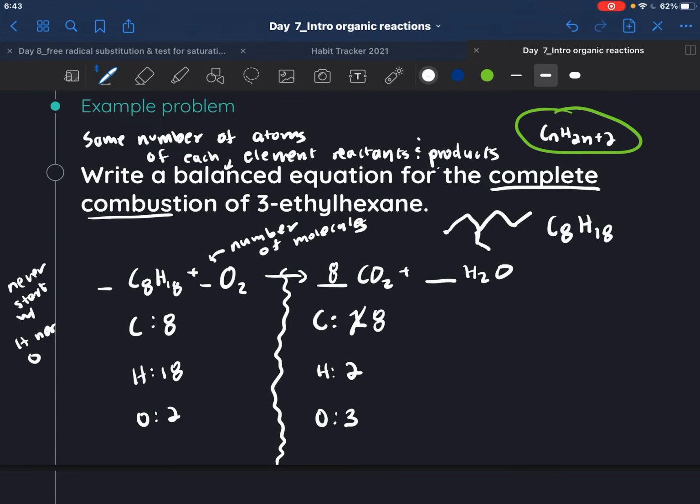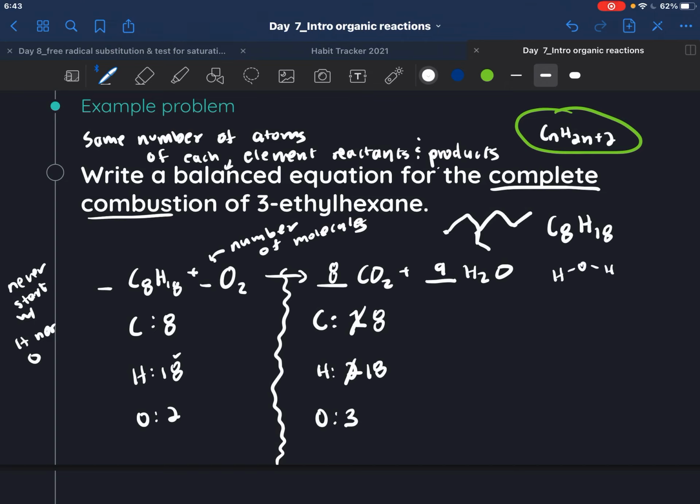Awesome. I'm now going to try balancing my hydrogens. I see I have 18 in my reactants. So in order to get 18 hydrogens in my products, I'm going to put a 9 there. If I have 9 water molecules, that gives me 18 hydrogen atoms.